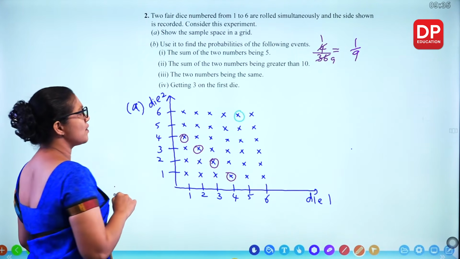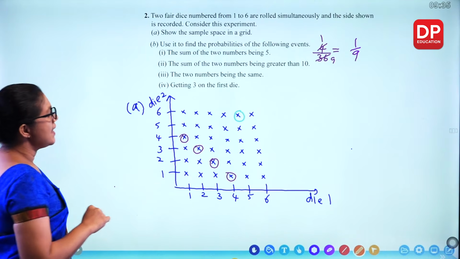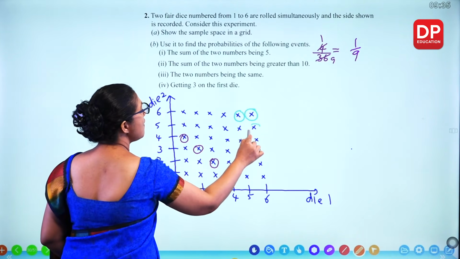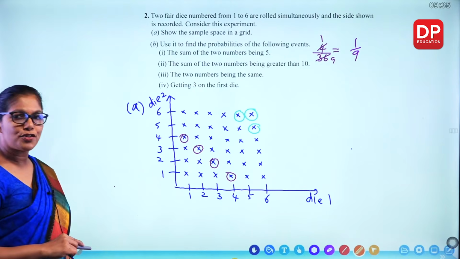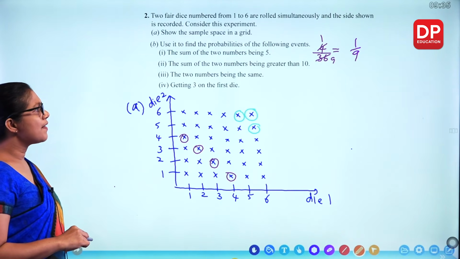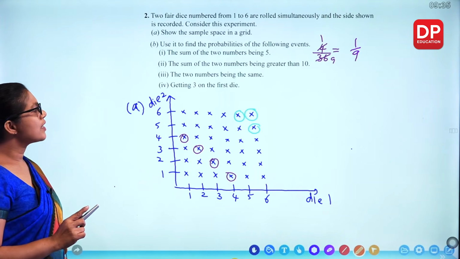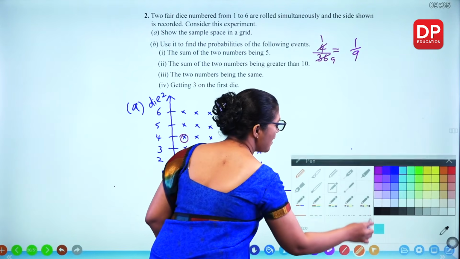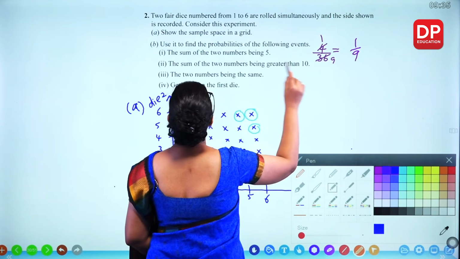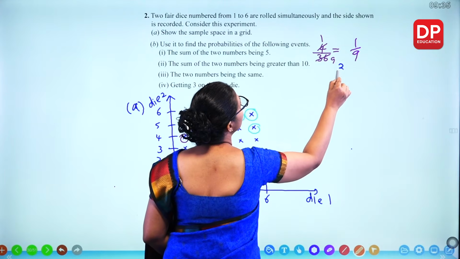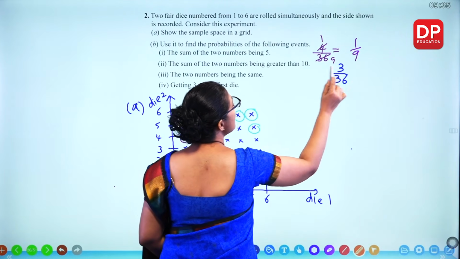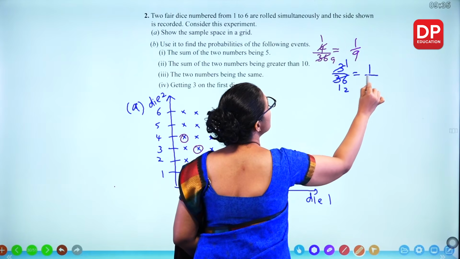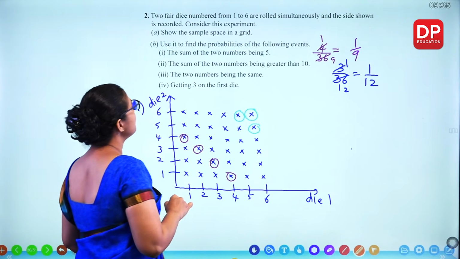You can take that one. And 6 with 6, 12, and 6 with 5, 11. Altogether, how many outcomes are there? 3 outcomes out of 36. So I can write 3 out of 36. When you simplify, you get 1 over 12.